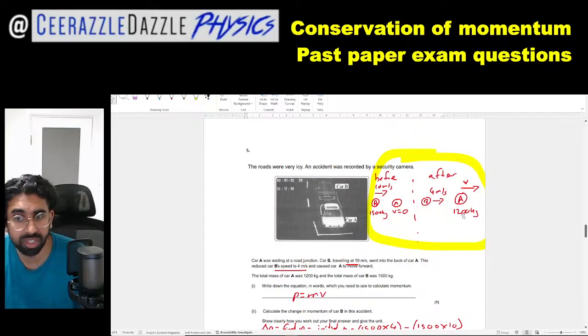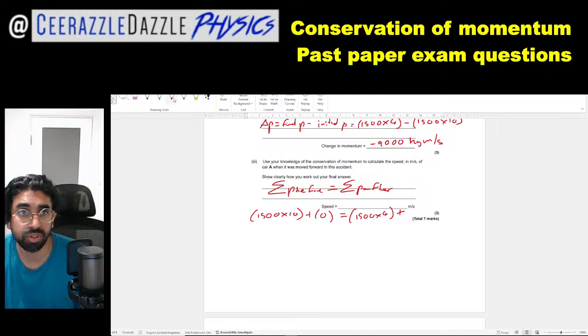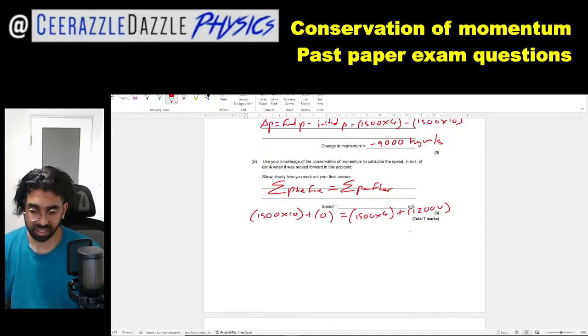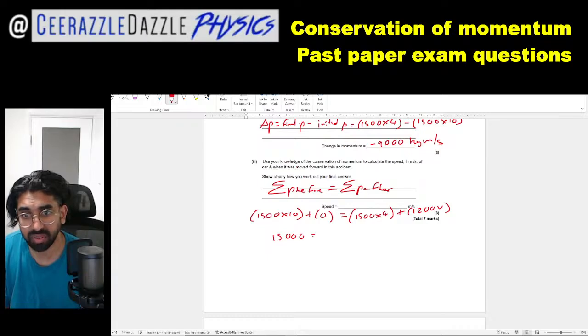But we don't know its velocity, so 1200 times V. So this is going to be 15000 is equal to 6000 plus 1200V.